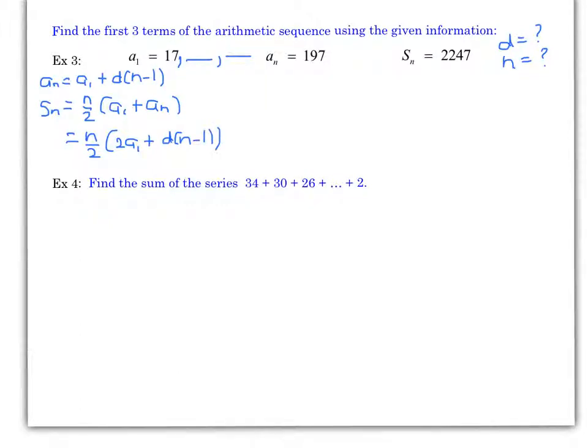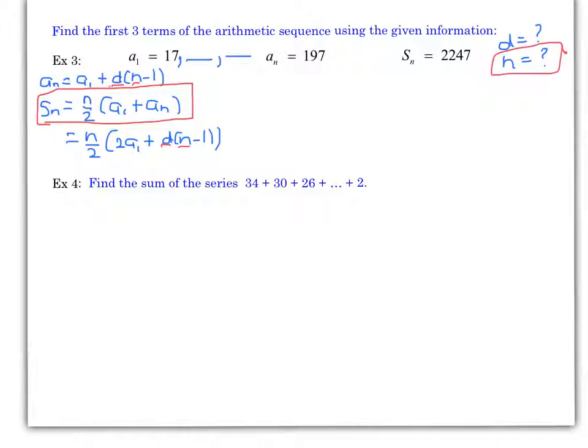Okay, so which formula do we want to get to? Well, we're going to find n first, because based on the given information, I don't know d and n. So d and n both appear here, d and n both appear here. So if I use this middle formula, I only have one unknown, and that's my n.